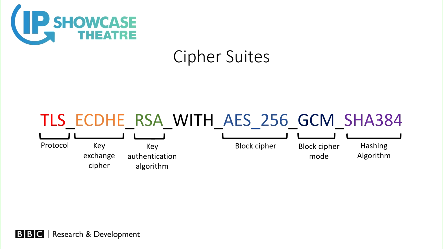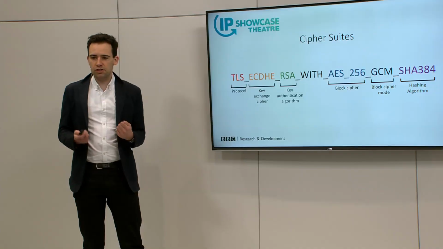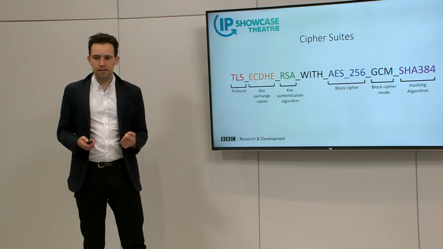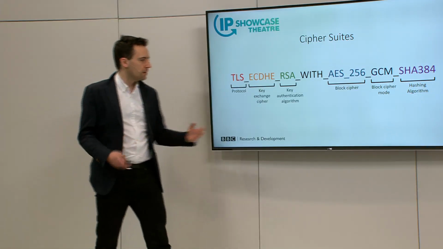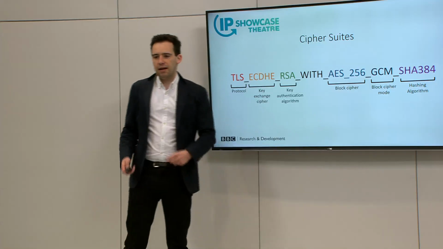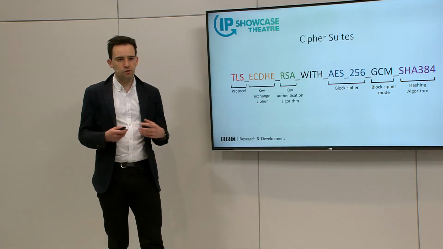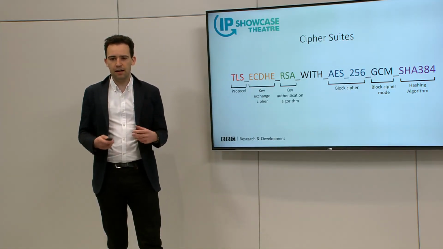There's a few of these different ones, and some of them aren't considered secure anymore. Next is the key authentication algorithm. That's used to check that the certificate provided by the server is legitimate and is signed by a party that we trust.